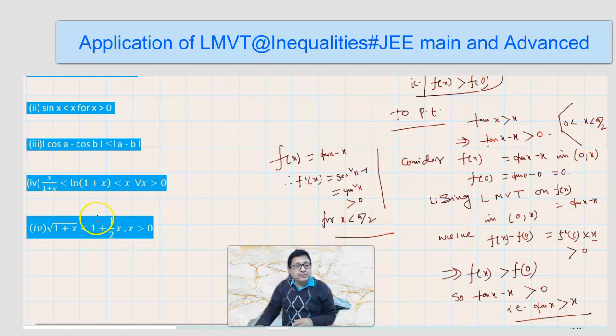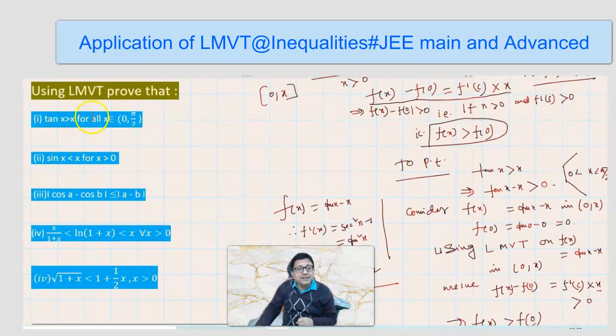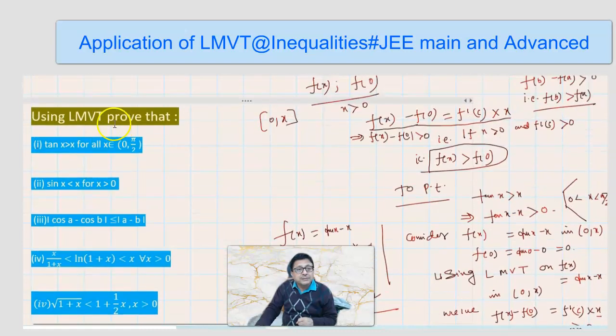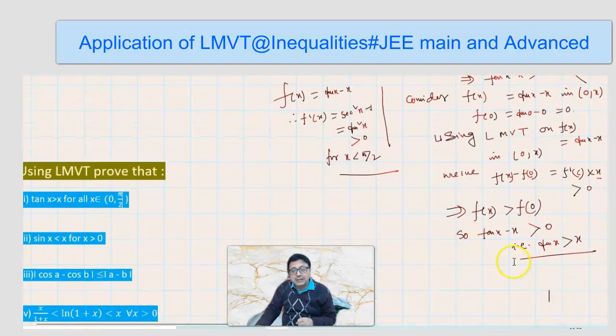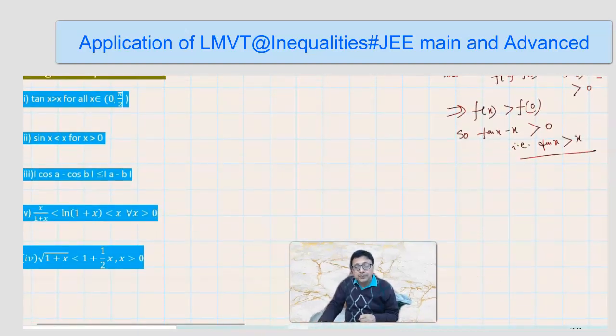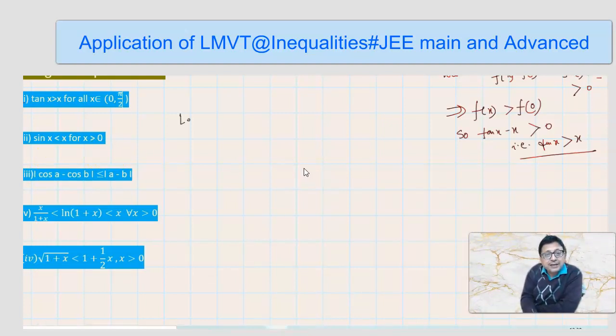In the same manner we can prove sin x less than x. How to prove it? To prove sin x less than x, I mean the second proof, we take f(x) to be sin x minus x.